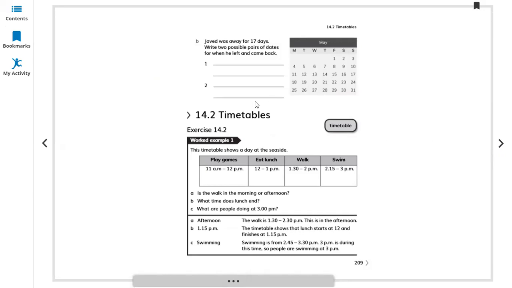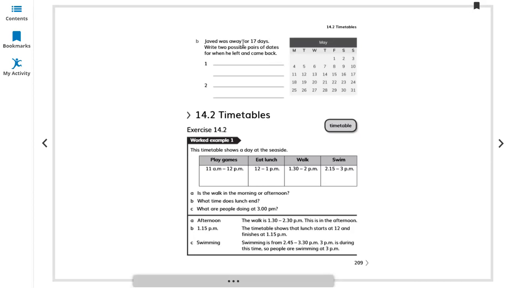Write two possible pairs of dates for when he left and came back. Obviously, we cannot use only 1 month. We can use 2 months, the next month also, because in 1 month we have only 31, and 17 plus 17 is 34. So we choose the last month or the next month.